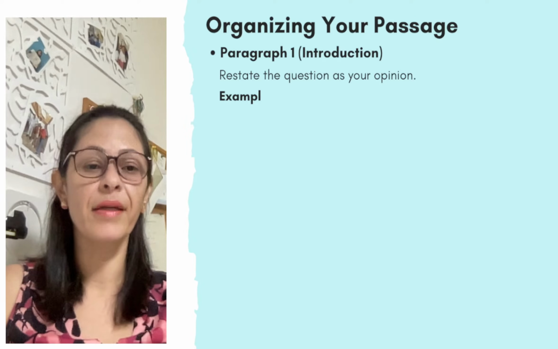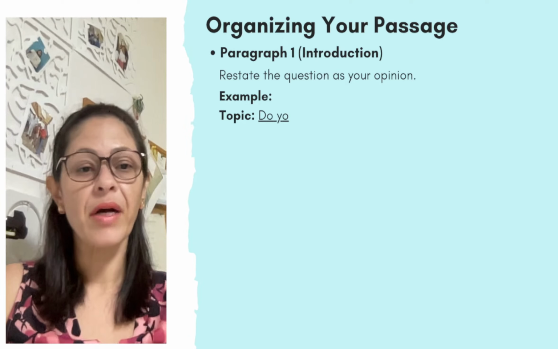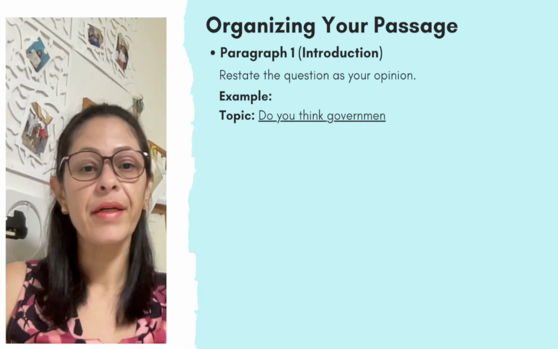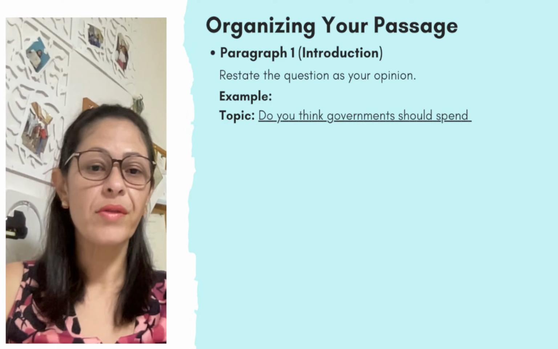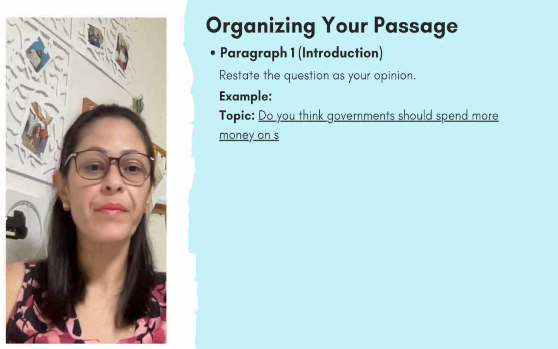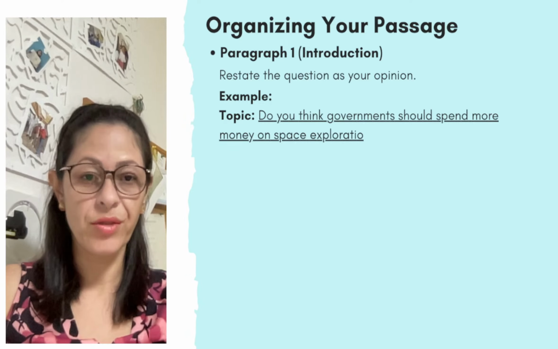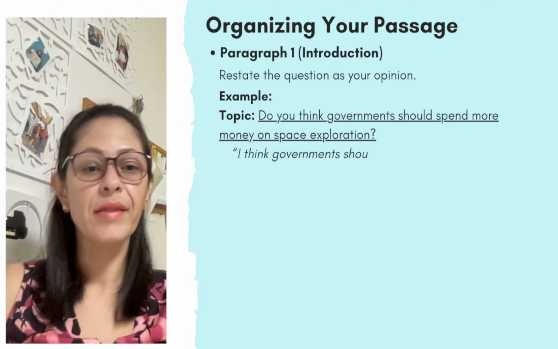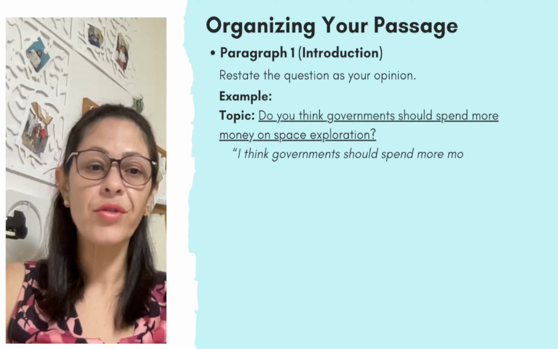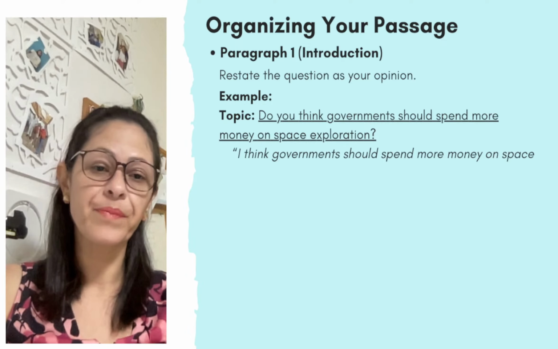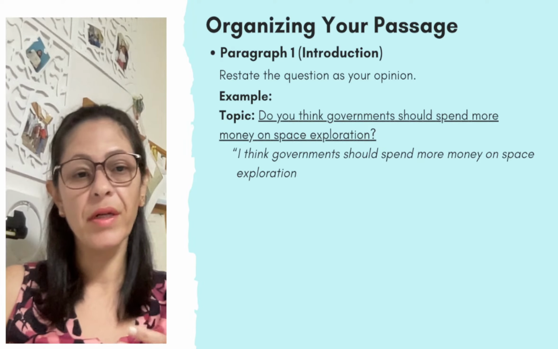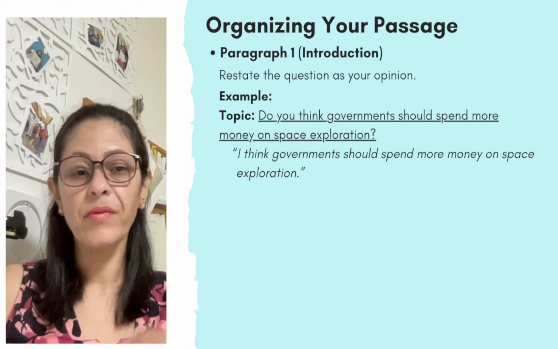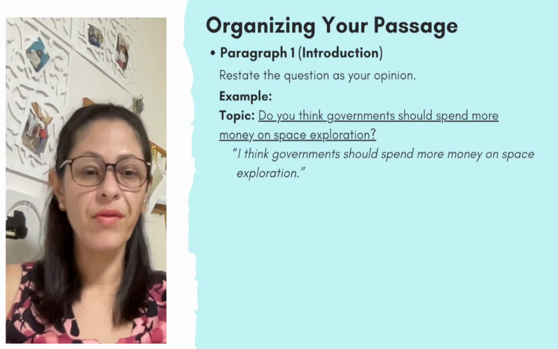So look at an example here. Our topic: do you think governments should spend more money on space exploration? So very simple. You're going to decide if you think they should or if you don't think. And one thing, don't start with yes or no. Start with I think or I don't think.